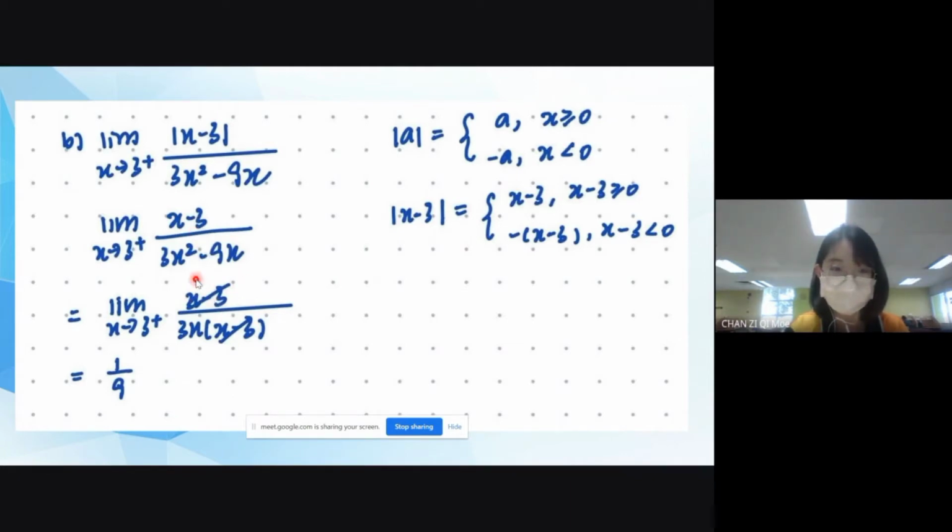After that we factorize 3x squared minus 9x, and we get 3x bracket x minus 3, then we can cancel off. We sub 3 into the equation, and we get 1 over 9. So that's all for 4B.